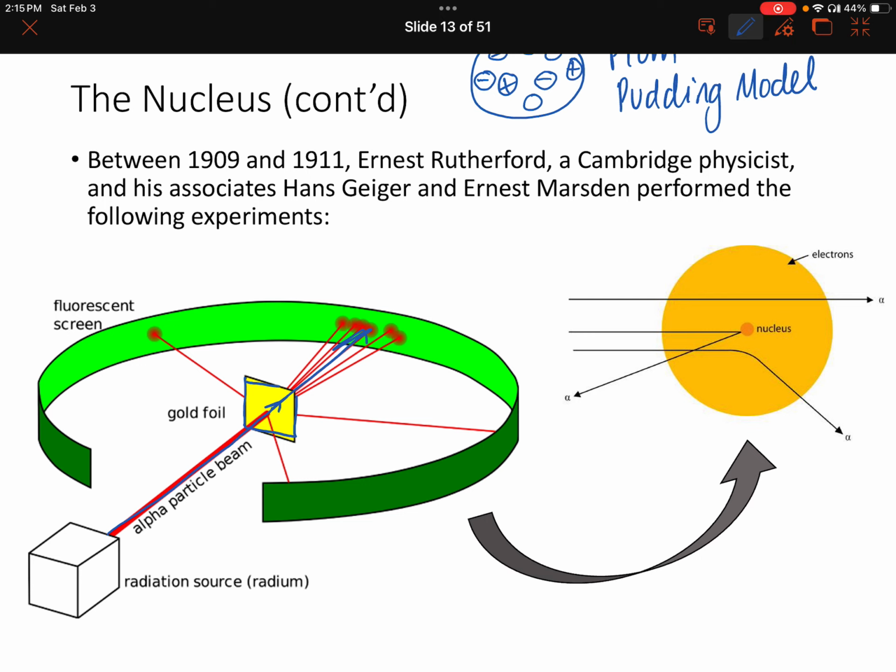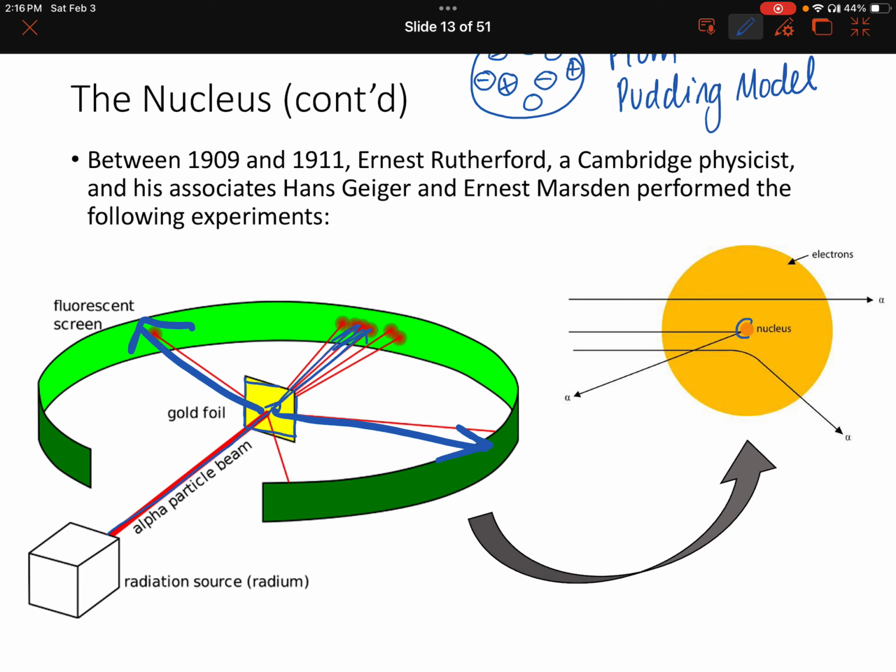So some of them did go straight through, but some bounced and were deflected off to the sides. So there had to be a really dense part of the atom, or a spot where everything was really clumped together, for example.